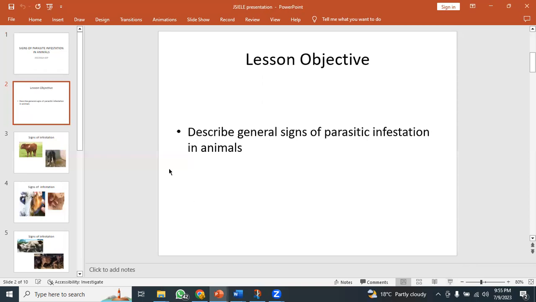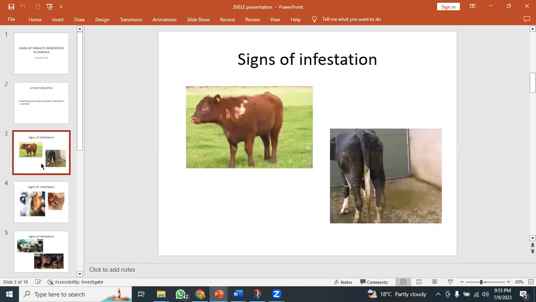But we are going to look at a few photos here. Then we'll describe the signs that we see and make a few conclusions on those parasitic infestations in the animals. So this is the first two pictures. I want you to study it and at least give me some of the signs that you see in those pictures.